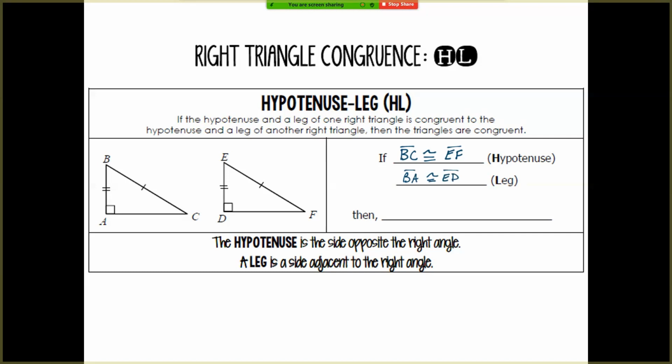Then your two triangles must be congruent to one another. So triangle ABC would be congruent to triangle DEF. And then keep in mind your hypotenuse is always the side opposite of your right angle, and a leg is a side adjacent touching the right angle.